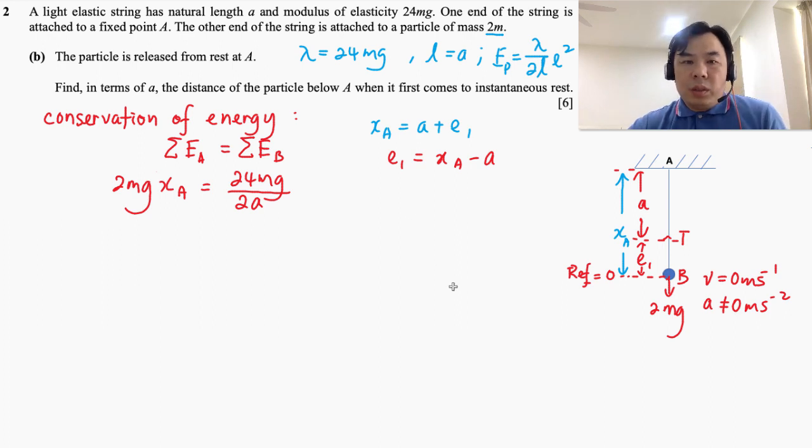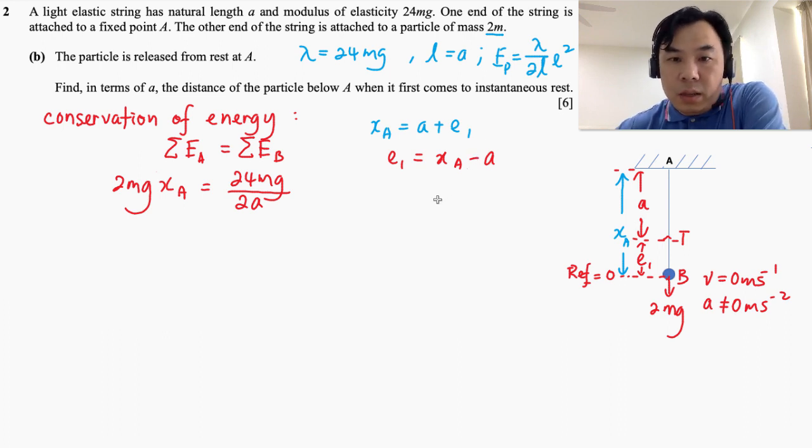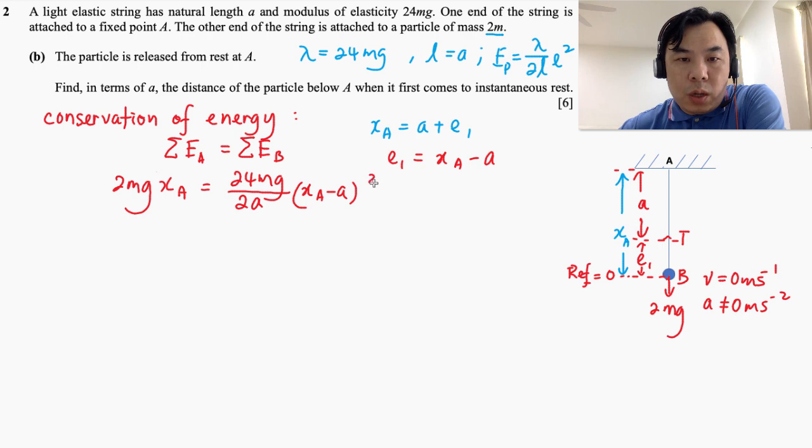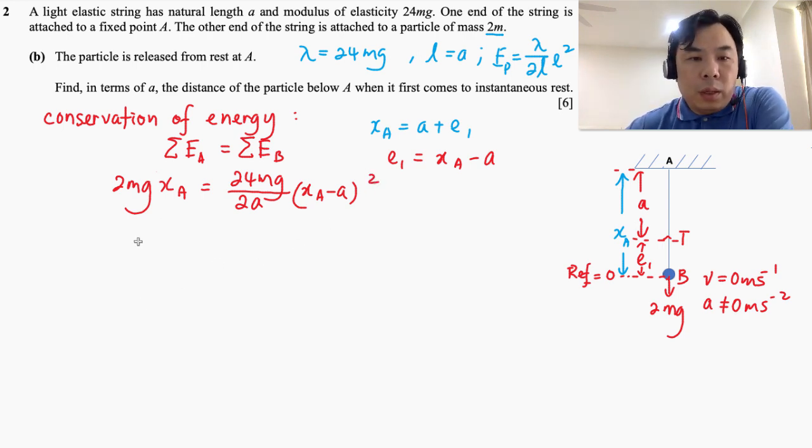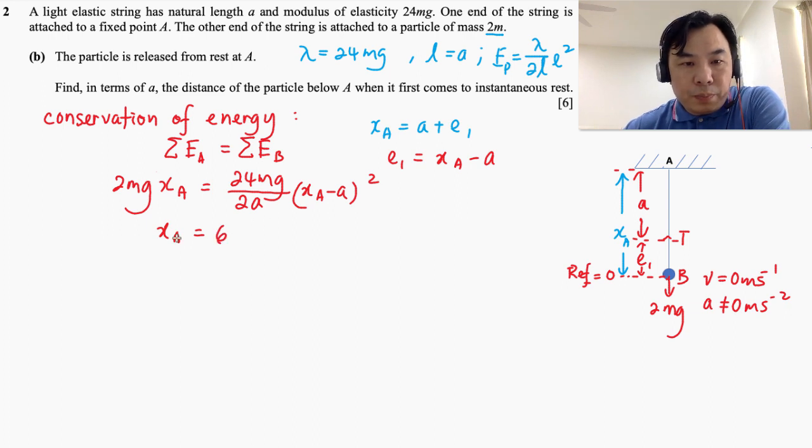There's a pro and con here. If you are a positive person, you may not want to use this method because there's a negative here. That's just my personal thoughts. So E1 square means XA minus A square here. And then if you simplify all this, we will end up with 6.